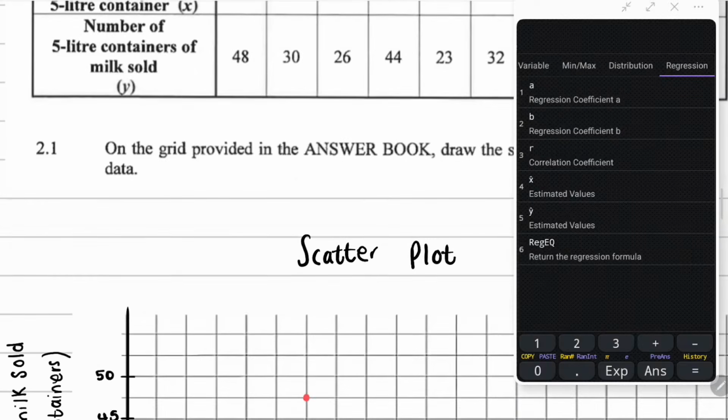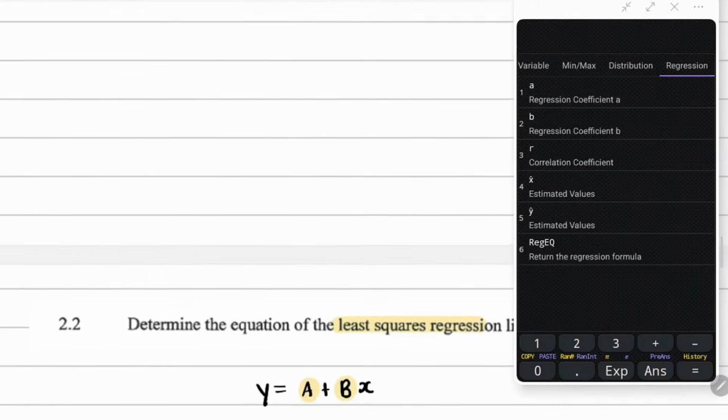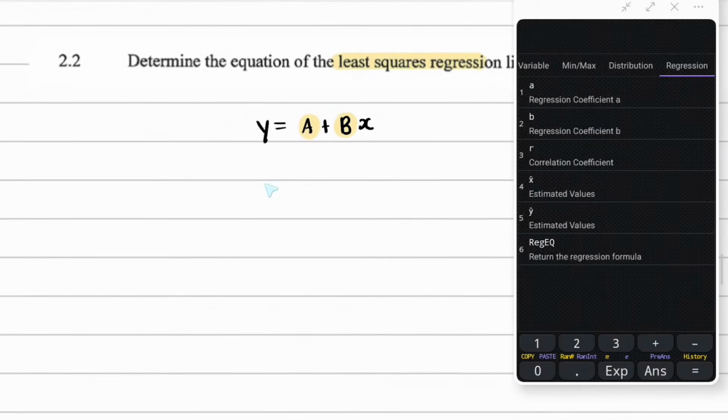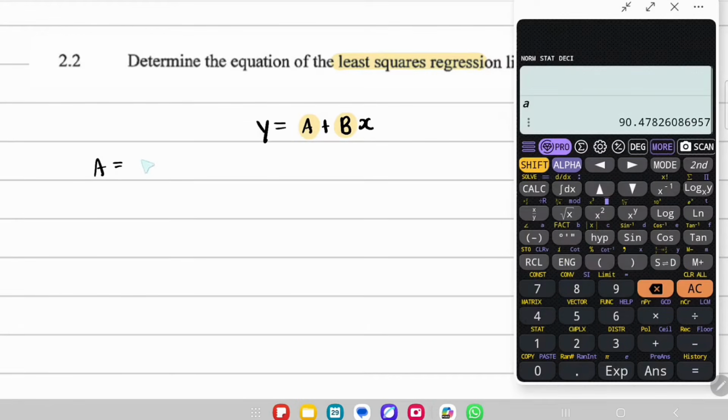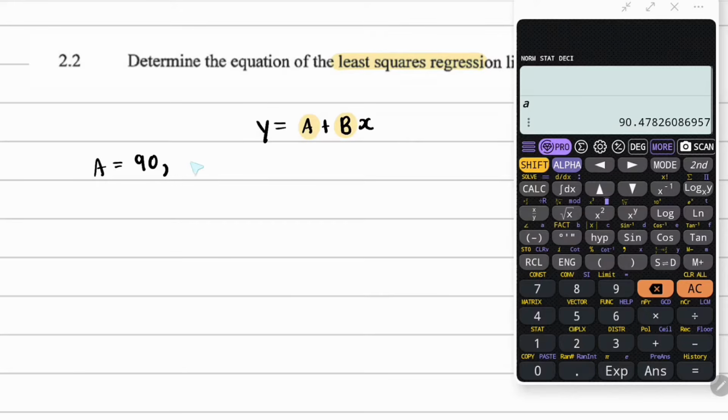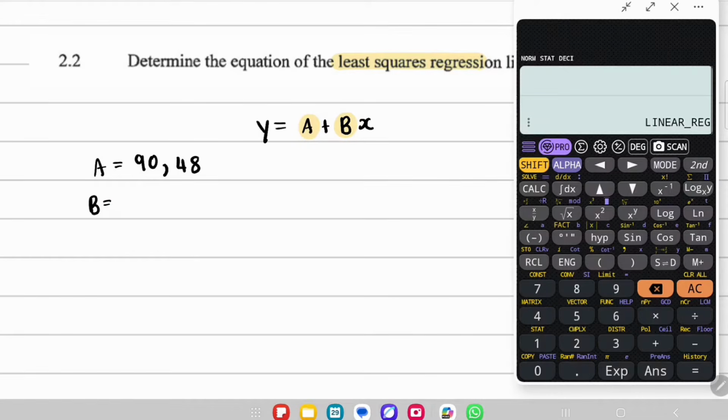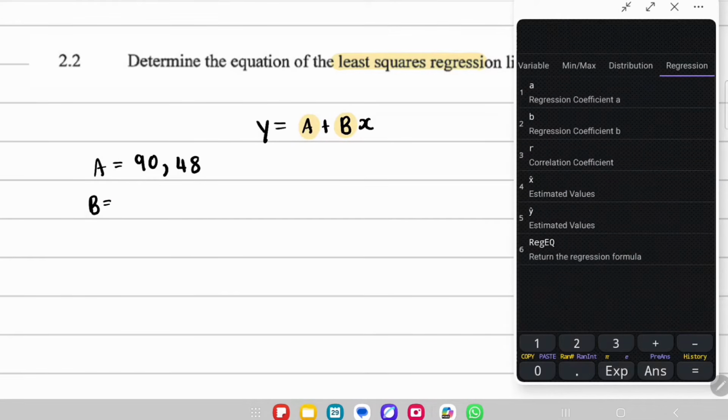And when we go for option 5, you'll see that we can see the values of A and B. So we just need that. So A is equal to 90 point, rounded up to 2 decimal places, that is 4/8. And then B is equal to, and again, you can just press Shift 1 to pull up the data again and then go for regression.